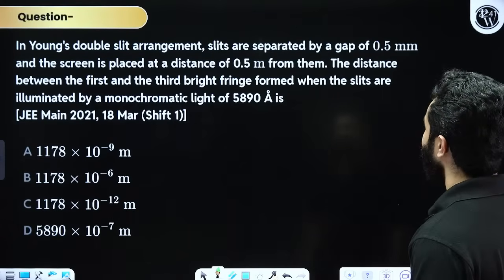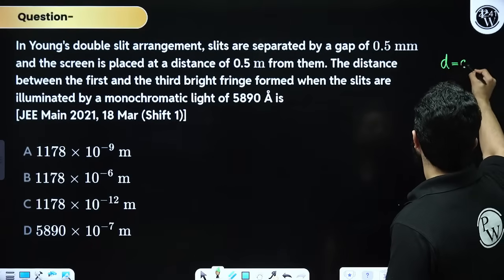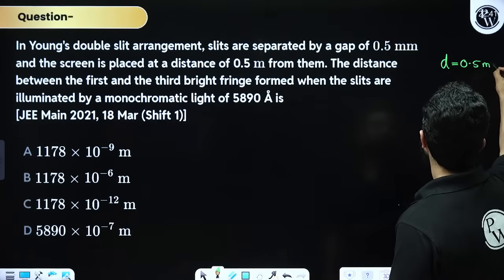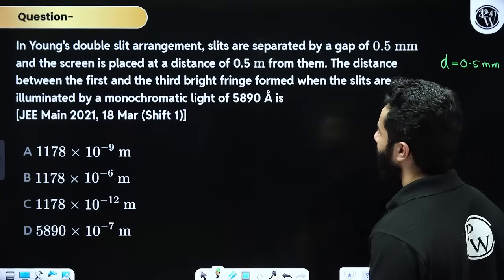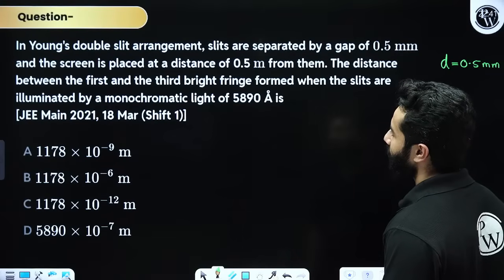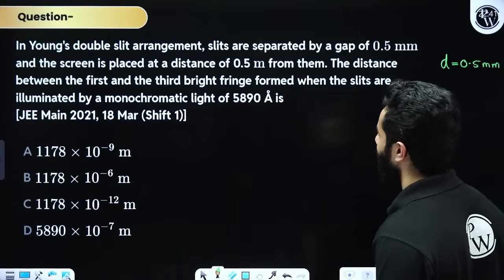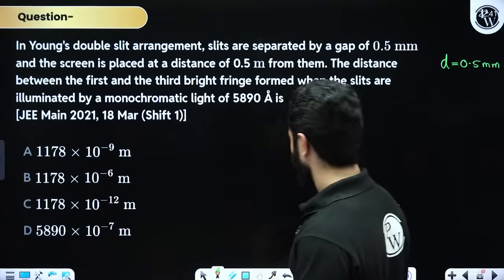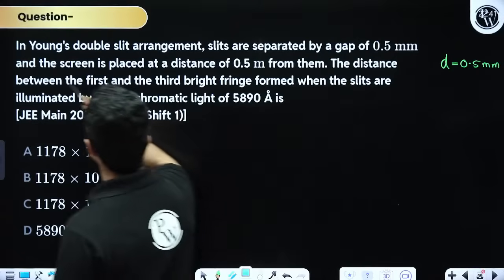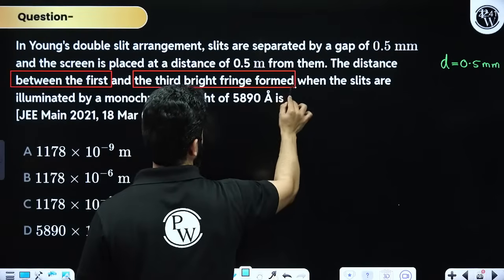In YDSE, slits are separated by a gap of 0.5 mm, and the screen is placed at a distance of 0.5 meter. What is the distance between the first and the third bright fringe?